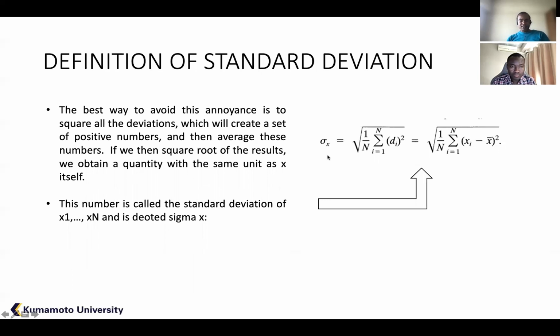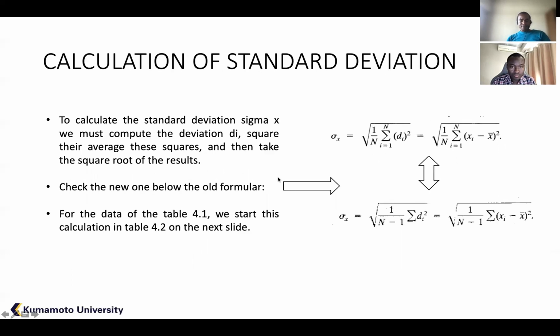How does the standard deviation formula sort out that problem? Let's look at this formula first of all in detail. If you look at it, there's a square root introduced and there's a square of the deviations introduced. There's also a modification of the formula: instead of just using n, you can subtract 1 from n, which you'll see later on how effective this formula can be. But let's see how this arrangement solves the problem of deviation on its own.